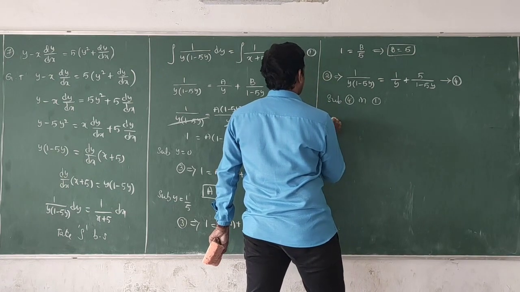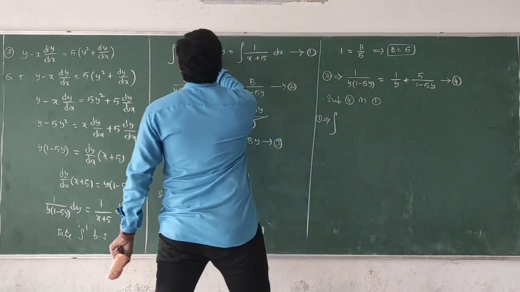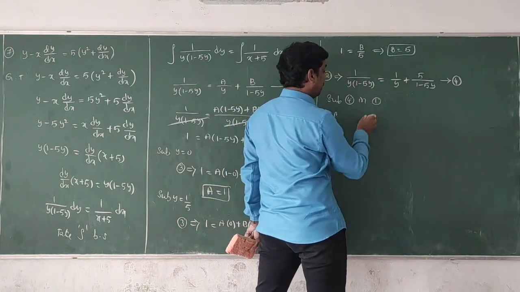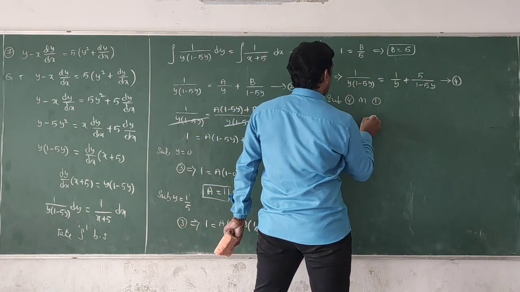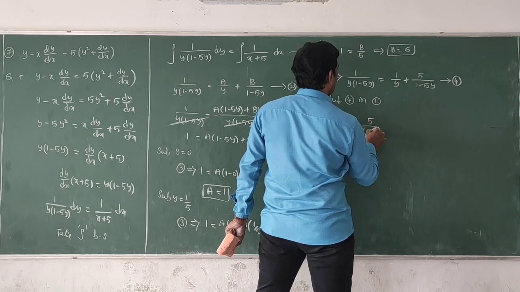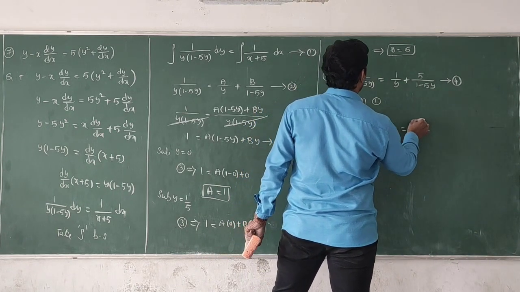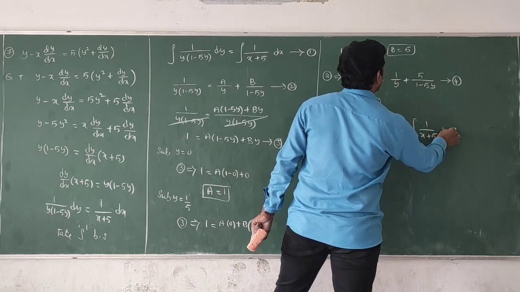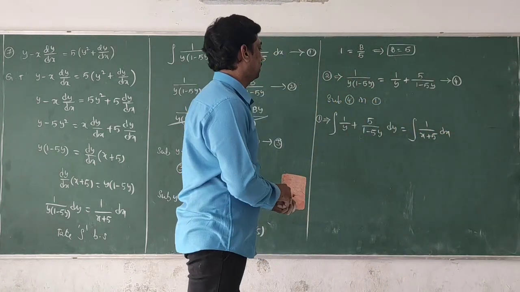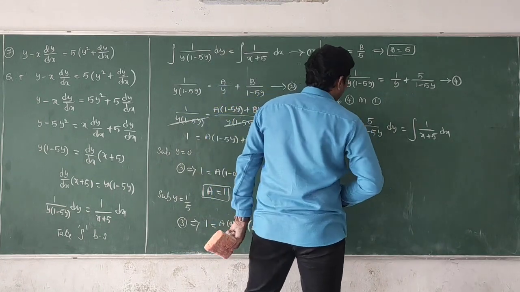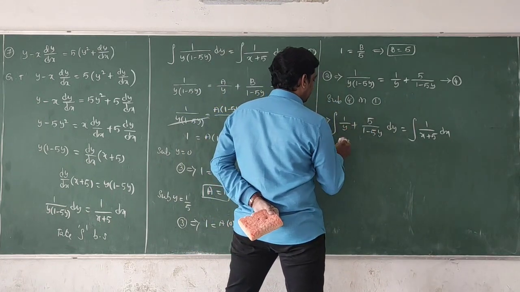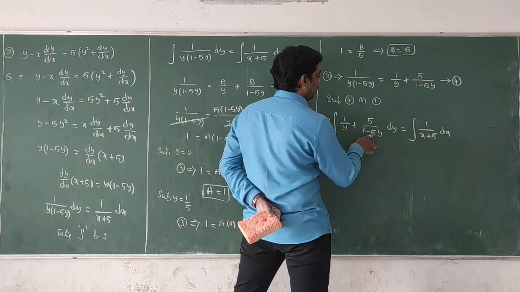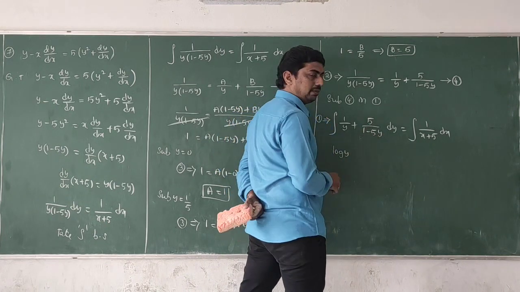Then integration of 1 by y plus 5 by (1 minus 5y) dy equal to integration of 1 by (x plus 5) dx. Is it clear? Now clearly, integration of 1 by y is log y. Here we have 5 by (1 minus 5y).